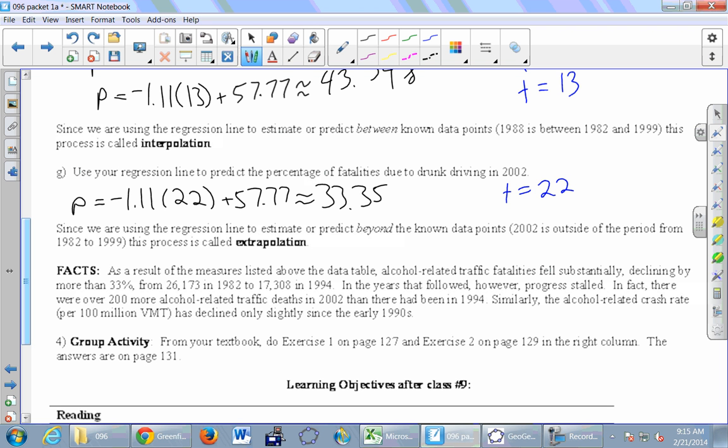It says in 2002, there were actually more alcohol-related deaths than in 1994. And the alcohol-related crash rate actually has declined only a little bit since the early 1990s. So it hasn't changed by all that much, which means that the trend that we saw did not continue. And so that's the danger in trying to predict the future from past data.